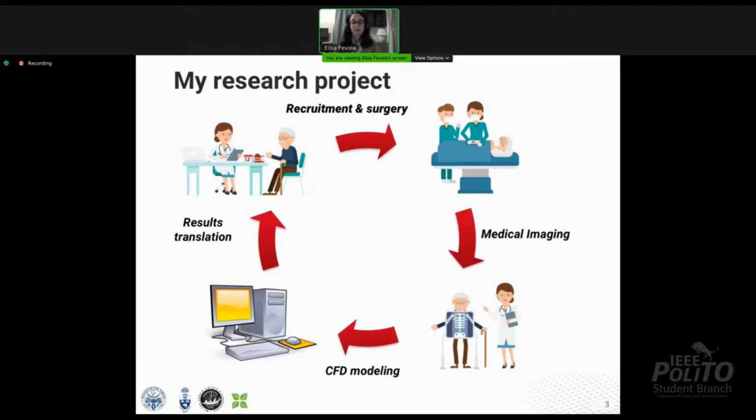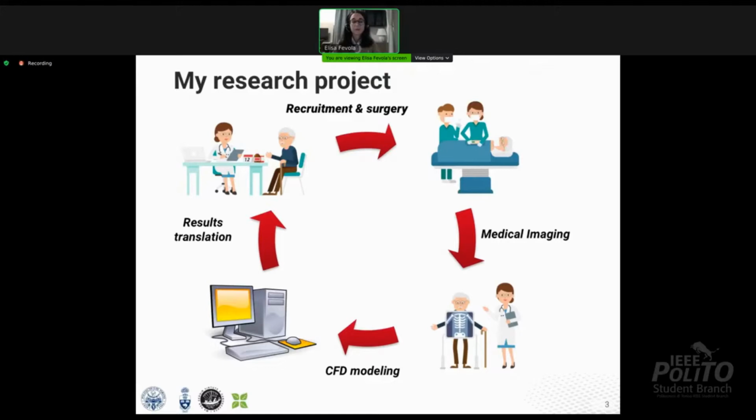Once we have our cardiovascular models, we can then get back to doctors so that they can evaluate the clinical value of our results, the clinical relevance of our results.